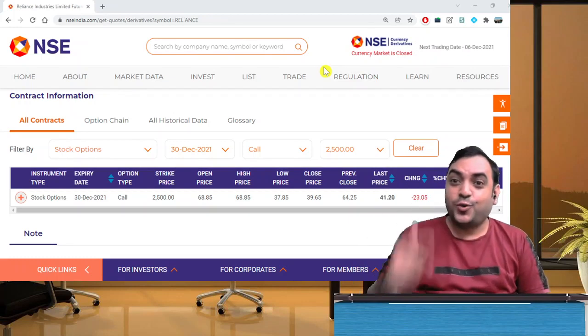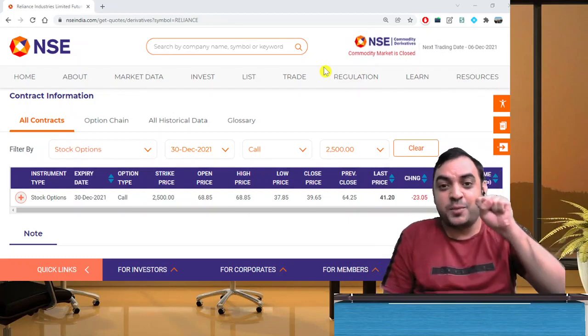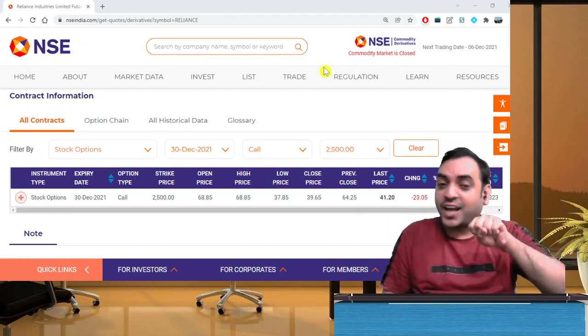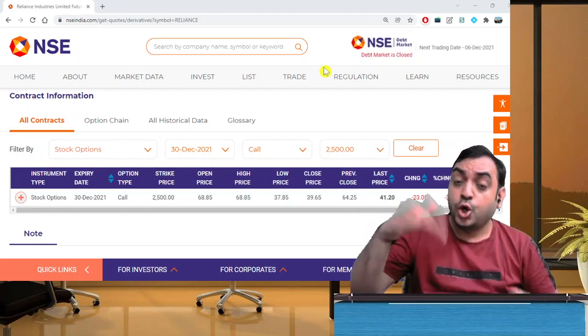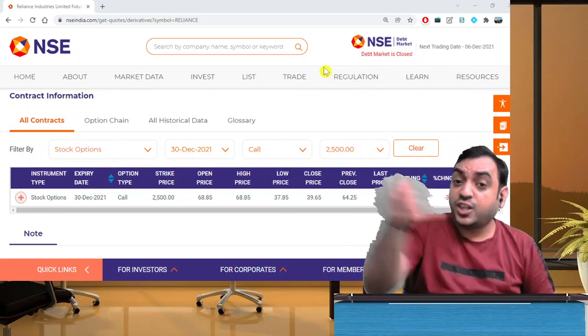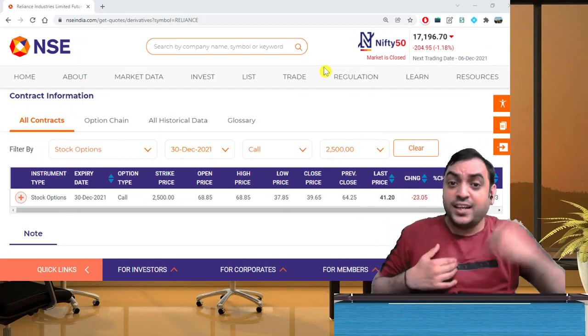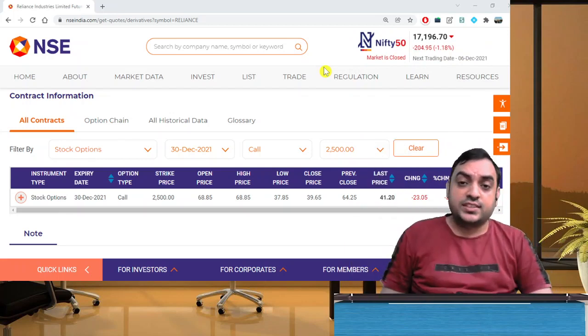What is the price? 2600. Are you understanding the opportunity here? By using my option on the expiry date at 2500, and going to the market at 2600, 100 rupees is my profit. Buy at 2500, sell at 2600.